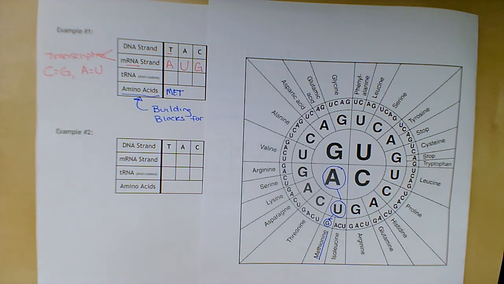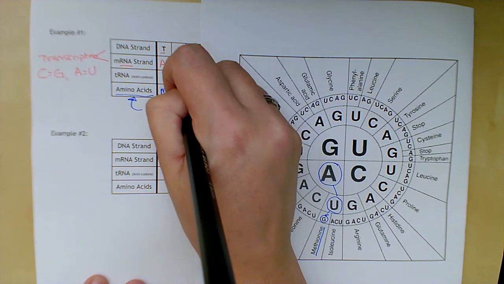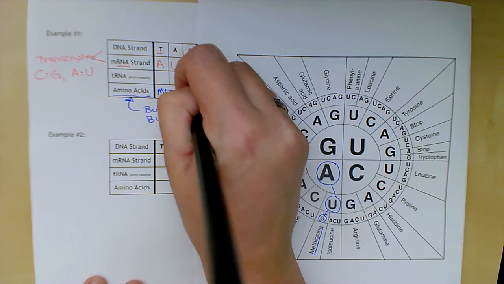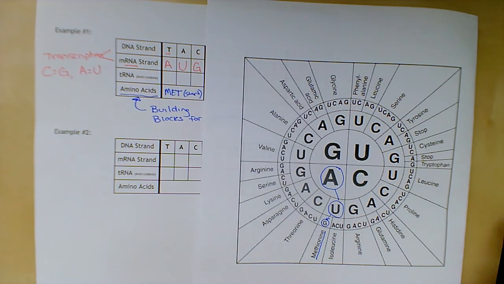If you were paying attention during your notes today, AUG is also a special codon because it is my start codon. So every single sequence you will see in this class will start with your start codon. This is what signals our proteins to start being built. You need that start codon.